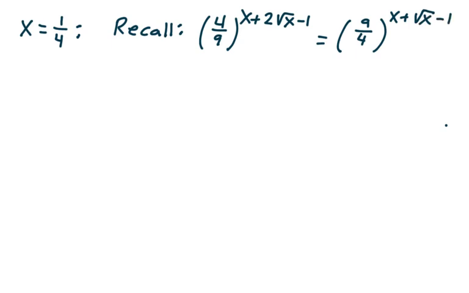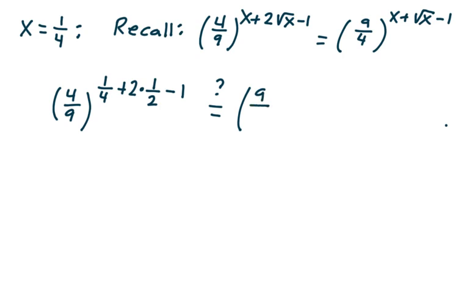Well, I'm going to replace x with 1/4. And I get 4/9 to the 1/4 plus 2 times the square root of 1/4 is a half. And then I'm going to subtract 1. Does that equal 9/4 raised to the 1/4 plus the square root of 1/4 is a half minus 1.